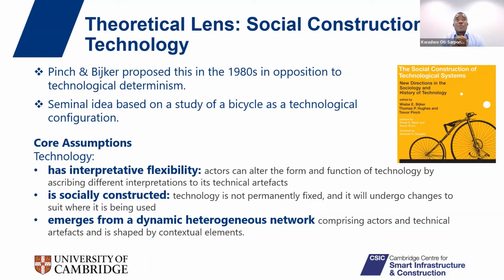And so by technology being socially constructed, it means it's not permanently fixed and will undergo changes to suit where it is being used. And the fact that it has interpretative flexibility and is socially constructed suggests that it emerges from a dynamic heterogeneous network comprising actors, technical artifacts, and situated within a context.